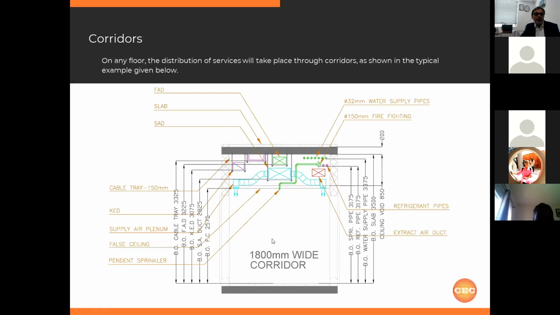This is what the distribution will be from a typical corridor. All services like ducting, chill water piping, water supply, firefighting, this gets distributed. Predominantly, the services space required, if the corridor width is 1.8 meter, is around 600 to 700 mm.